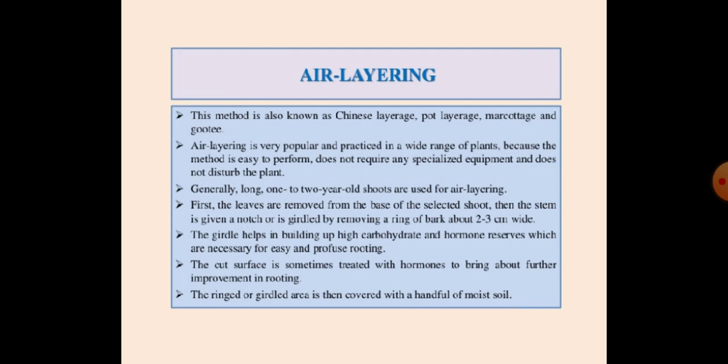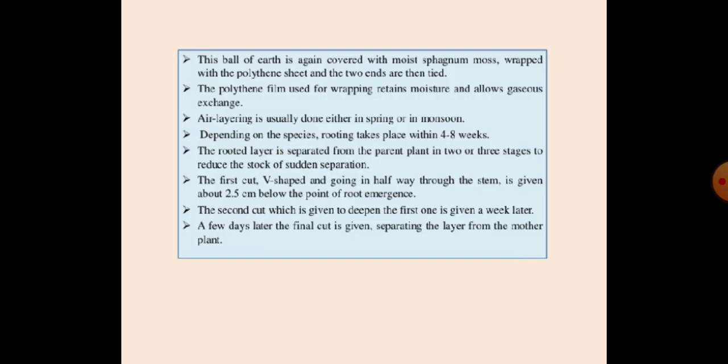The girdle helps in holding high carbohydrate and hormone sources, which are necessary for easy rooting. The cut surface is sometimes treated with hormone to bring about further improvement in rooting. The girdled area is then covered with moist soil or peat moss.